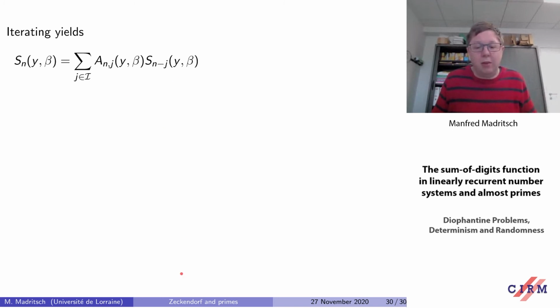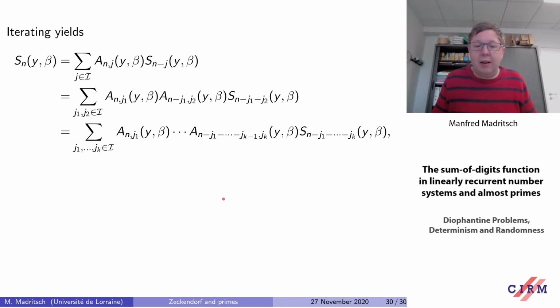So you do it once, then you do it twice, then a couple more. Then you have here a product of these an's, and here you have a sum with a smaller term.